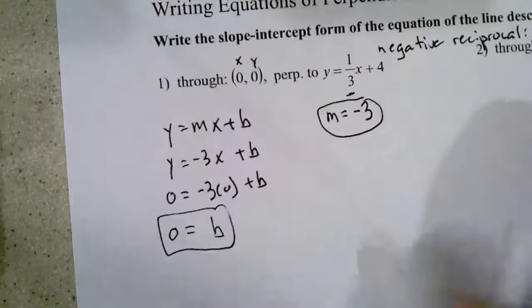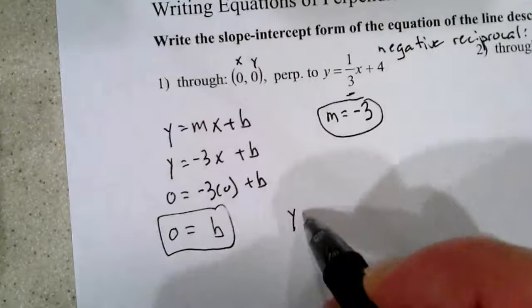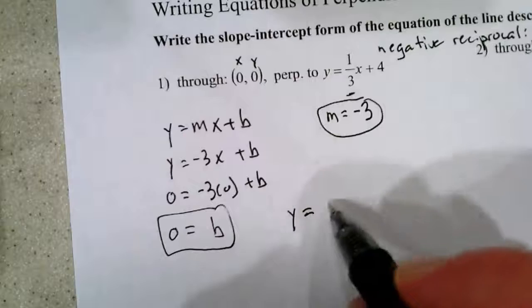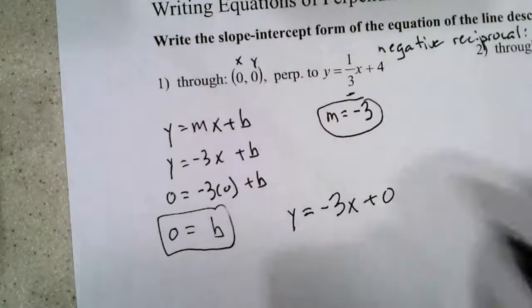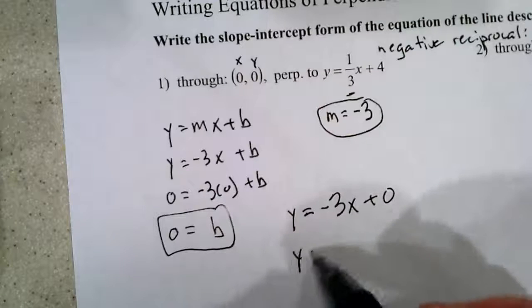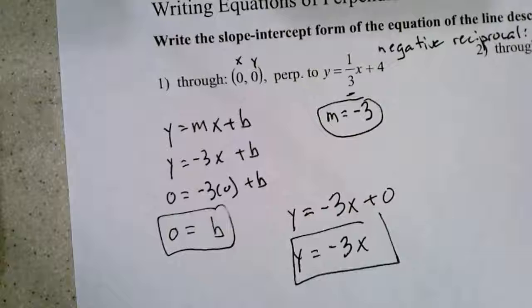So our y-intercept is 0. So our equation is y equals -3x plus 0 for our y-intercept, but we'll just leave the plus 0 off. Our equation is y equals -3x.